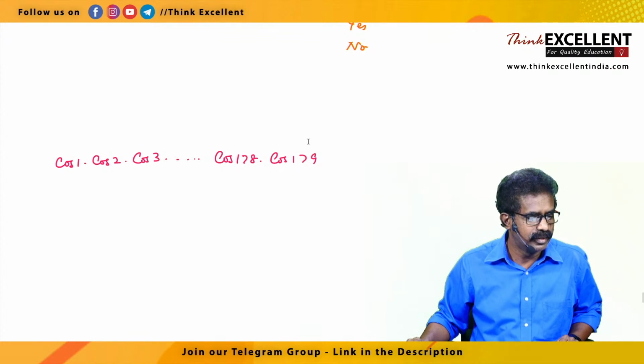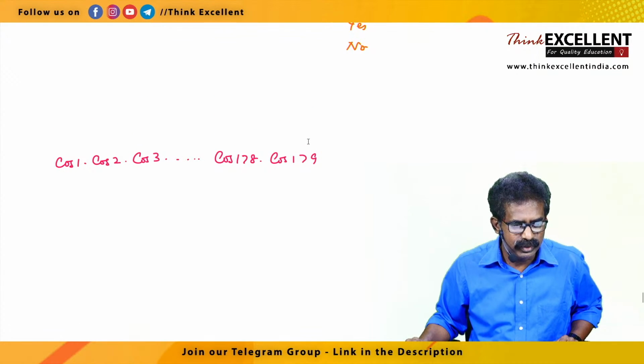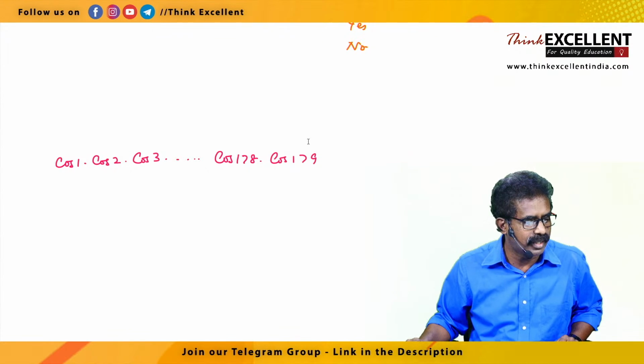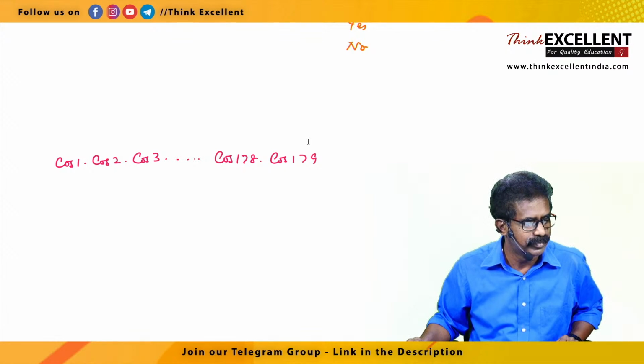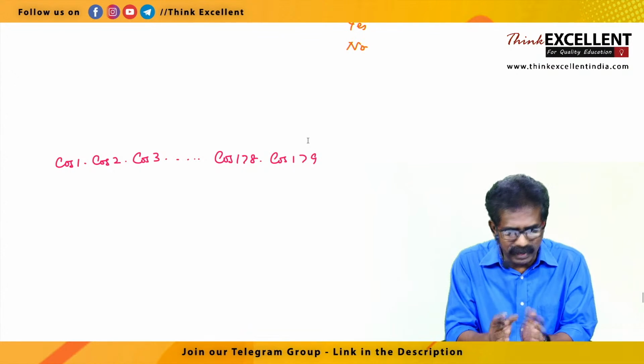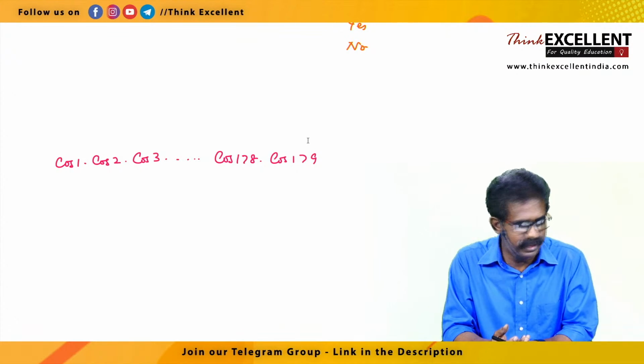Cos 1, cos 2, cos 3, and so on, up to cos 178, cos 179. Yes, you should think like this also. For that only I gave that question first.